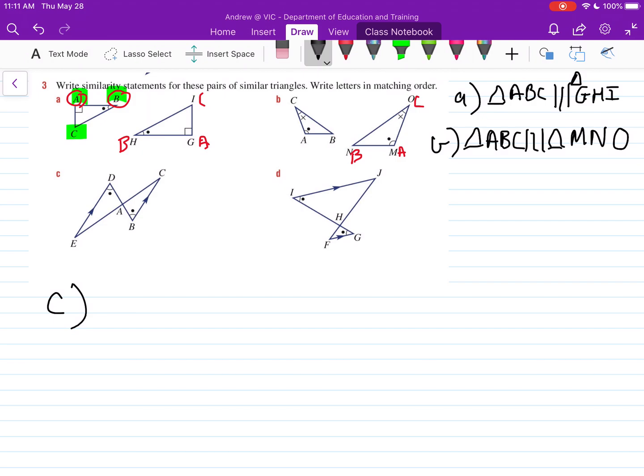So first, these ones are a little bit harder because they're not right next to each other. So with this, we'll just start writing out our triangles. So we've got triangle, and we'll do ABC again.